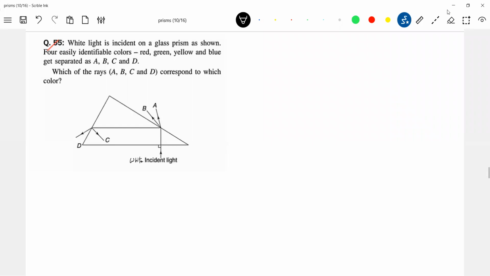First, what happened there? At AB, what will happen? There'll be an angle of incidence, and some rays will undergo refraction, some will undergo TIR. Again, at the other refracting surface, one ray will undergo TIR, the other will undergo refraction. So what can we say about the colors? First we'll get into the basic relationship. The VIBGYOR: what all do we have here? Red, green, yellow, and blue are there.